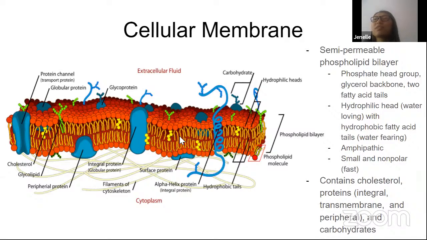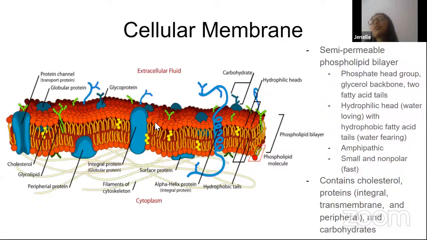So being small and nonpolar allows it to pass through the cellular membrane pretty quickly, as opposed to larger, polar or charged molecules, which have a hard time interacting with the phospholipid bilayer.